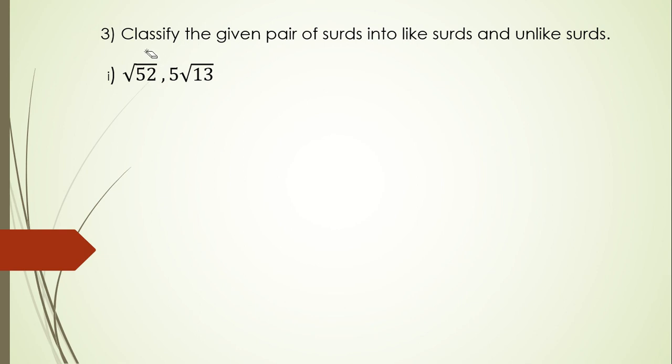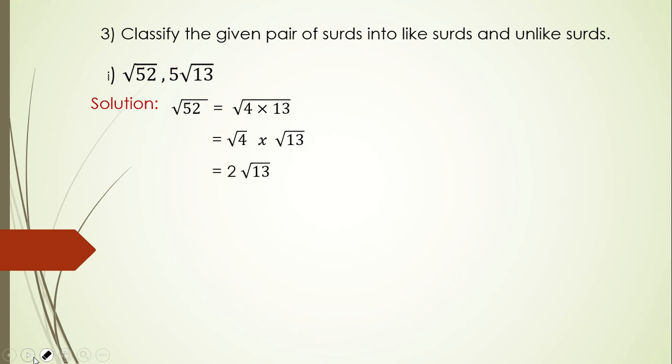What you have to do is convert it into its simplest form first. Then you will understand. Root 52: 13 fours are 52, and root 4 is 2, so it will come outside the radical sign as 2 root 13. So root 52 became 2 root 13, and the next number is 5 root 13.